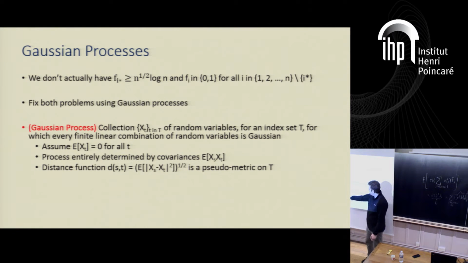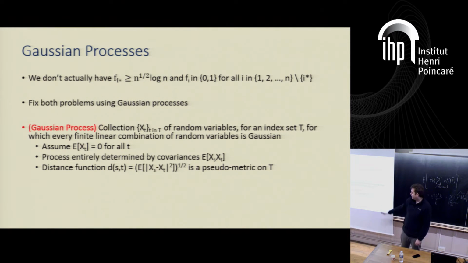So the distance between s and t is the square root of the expectation of X_s minus X_t squared. So I take the Gaussian X_s minus X_t, I take its expected squared magnitude and the square root. This is a metric on T. It's actually a pseudometric because this could be 0 when s does not equal t, but it satisfies triangle inequality. Let's just call it a metric.